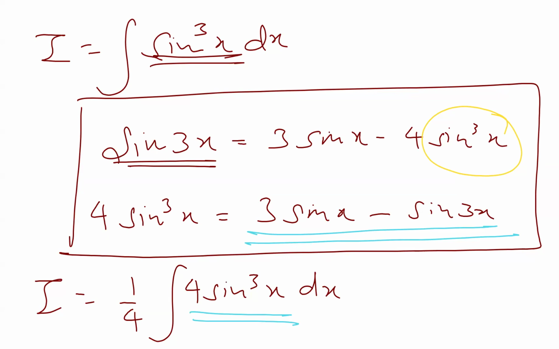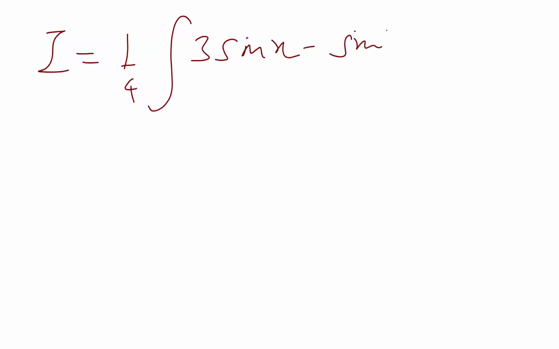So I'll go to the next slide. So I is equal to 1 by 4, 3 sin x minus sin 3x. 1 by 4. Now individual integration.